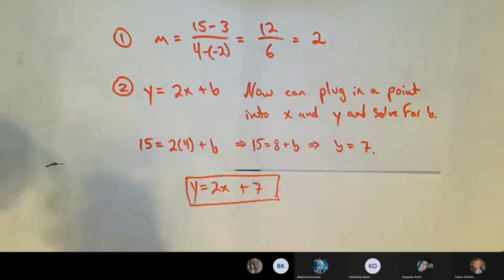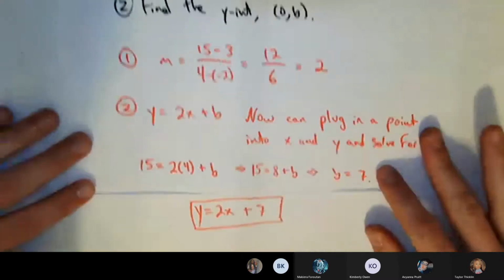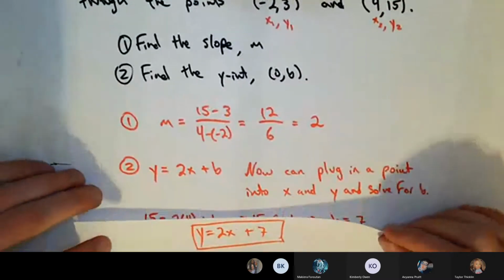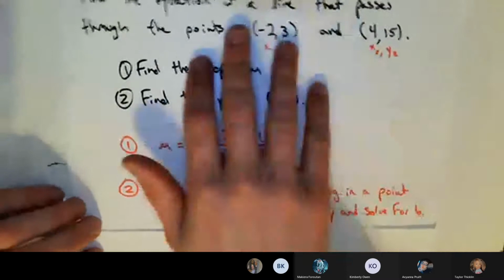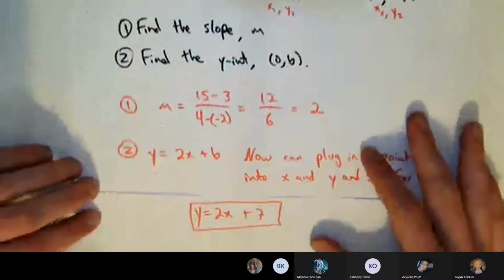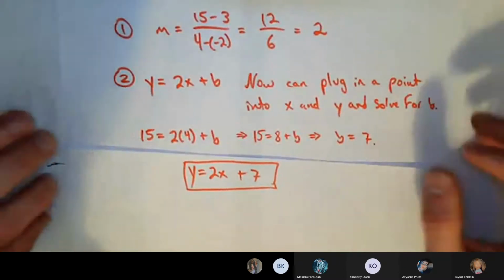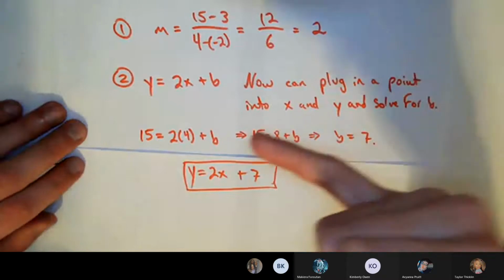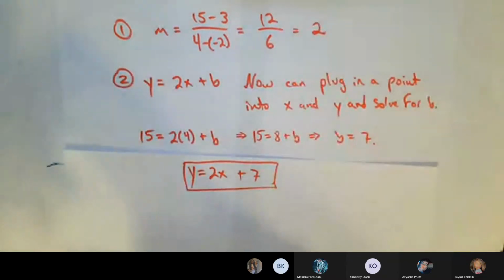That's it. That is a classic process there for a classic problem. The problem being find the equation of a line that passes through these 2 points, or through any 2 points, right? Always find slope and then proceed through step 2 as normal, or as I did here.